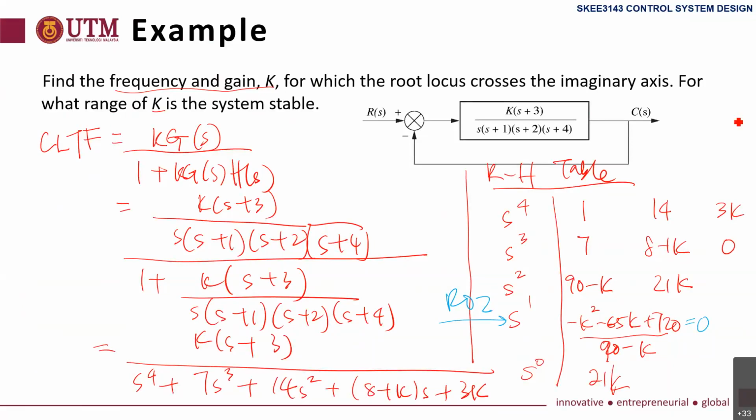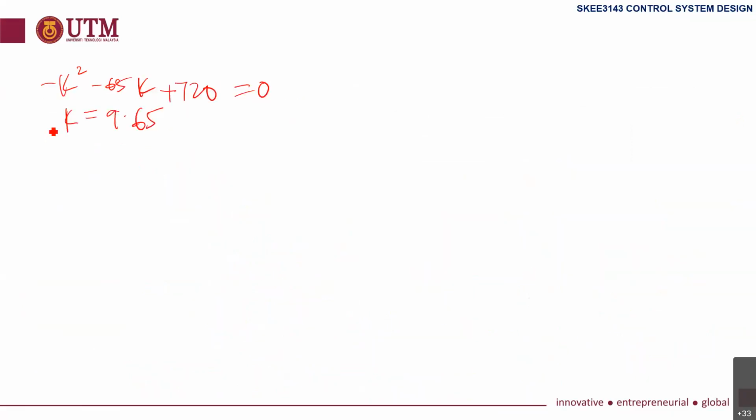Remember from the last course, when you have a row of 0, you have to go up to the line before it in order to get the frequency. So (90 minus K)s squared plus 21K equal to 0.